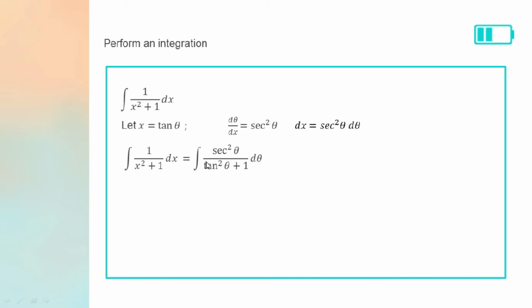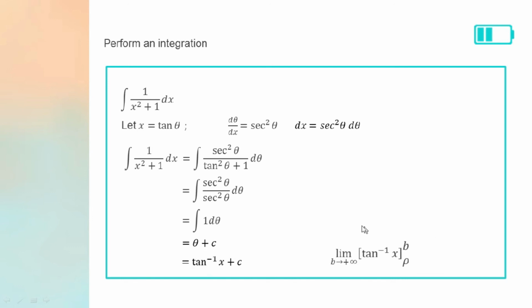One of the trigonometric identities: tan squared theta plus 1 is equal to secant squared theta, so we change this into secant squared theta, then divide until we get 1 d theta. Integrating, we get theta plus c, which can also be written as arctangent x plus c.